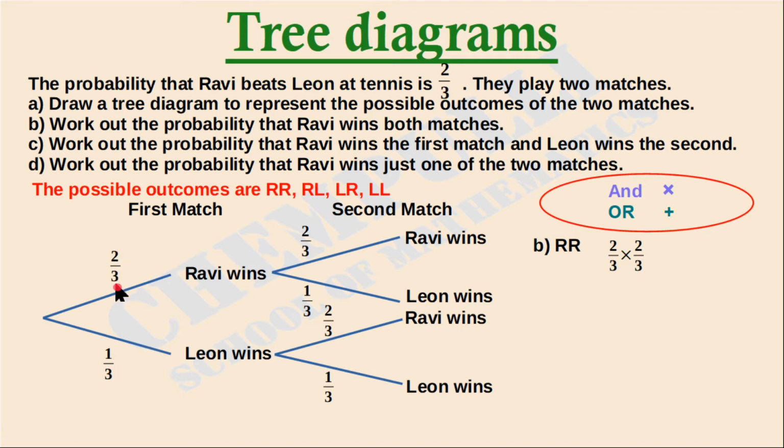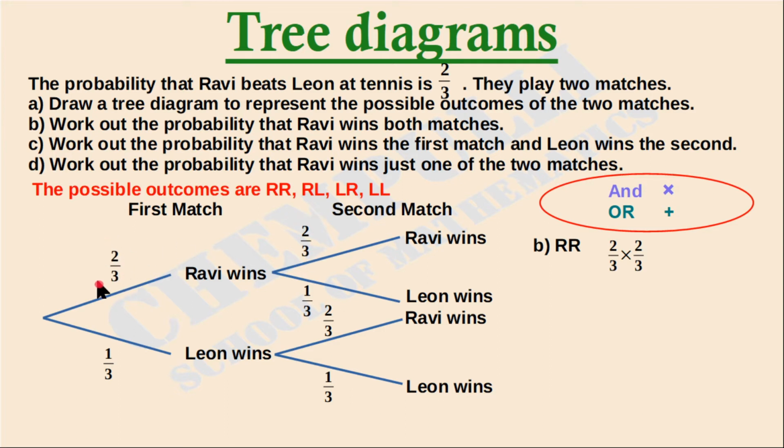Then RR means R and R. AND means use which operation? Multiplication. The second R means the probability that in the second match Ravi wins. This is that branch. We have to select that branch: first match Ravi wins, then second match also Ravi wins. Here use which operation? Multiplication, because R and R, that is 2 over 3 times 2 over 3.